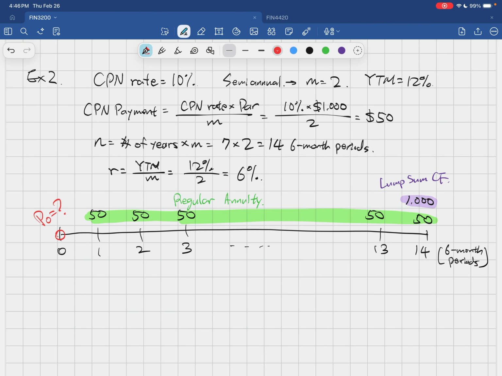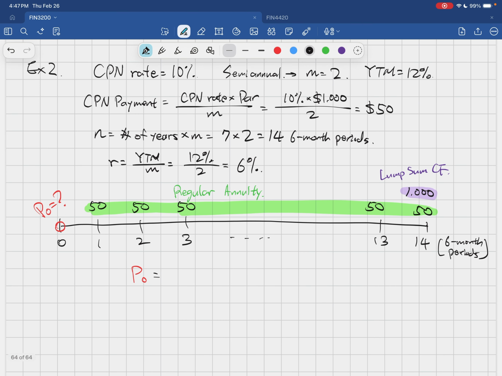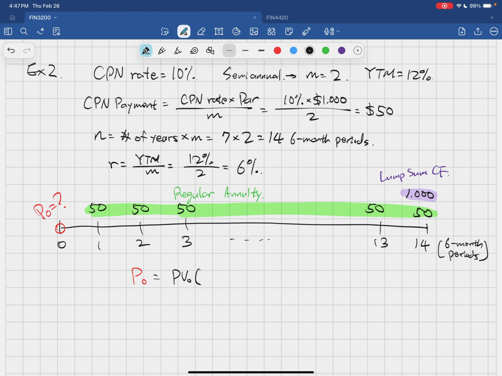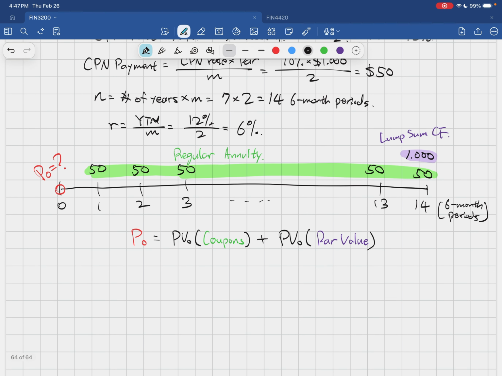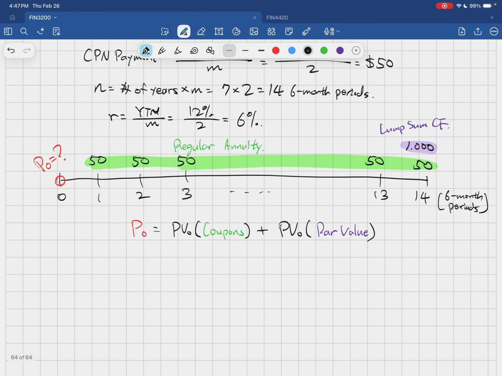So expressed formally, then P0 is PV of the coupon payments plus the present value of the par value or the face value. So again, P0 is just the present value of the coupons.